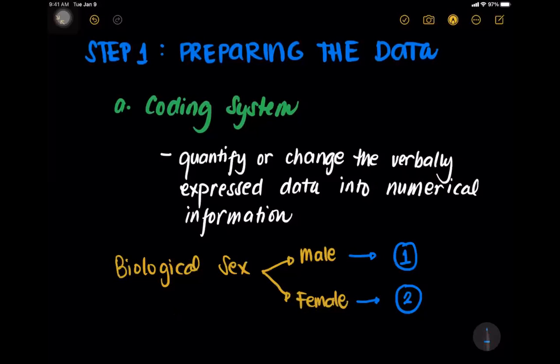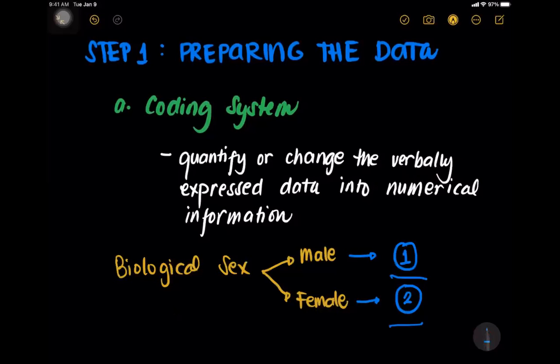It doesn't mean that if you assign number two for female, it has more value over the number one for male. These are just numerical representations, so that later on, if we want to count the frequency of male and the frequency of female, it would be easier for us to identify, and it would be easier for software to count because there is a numerical representation.